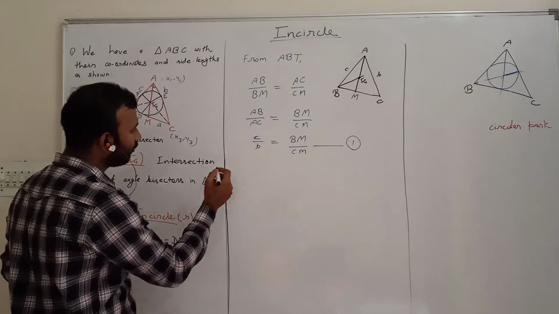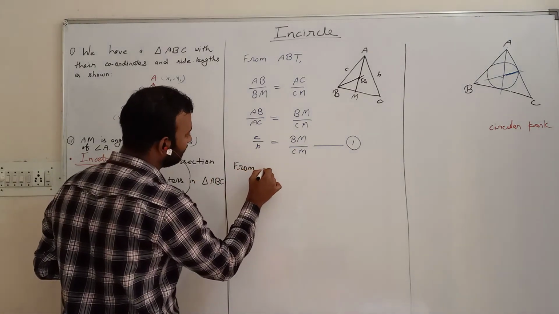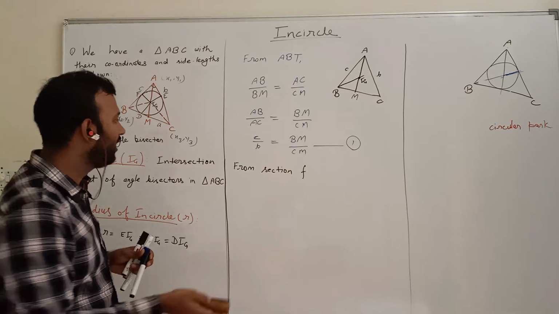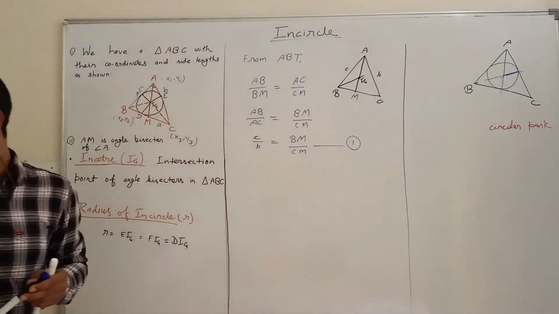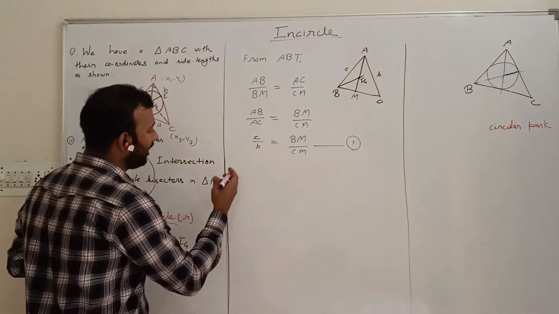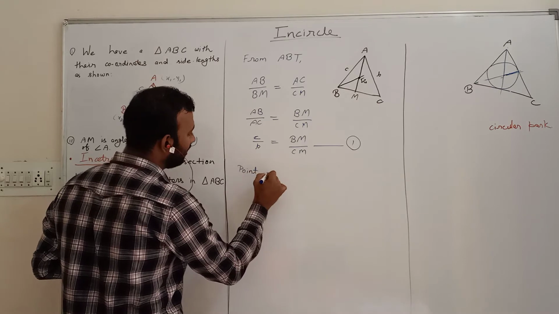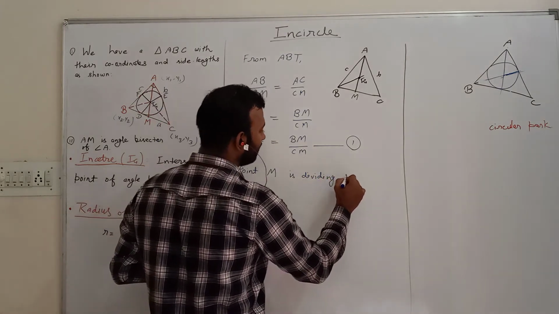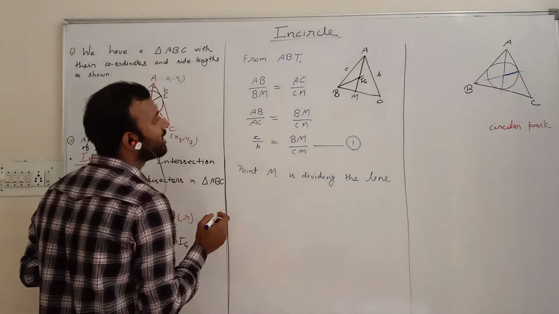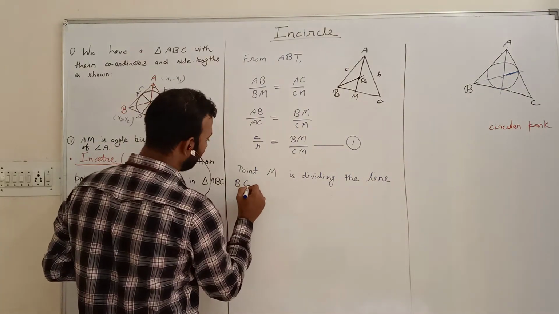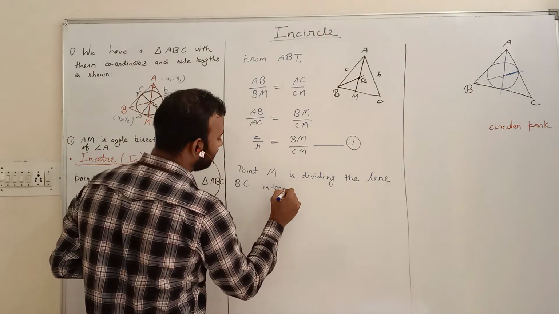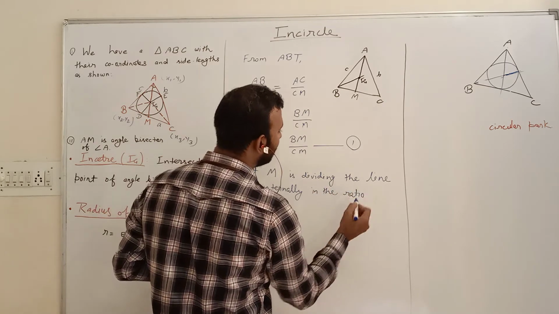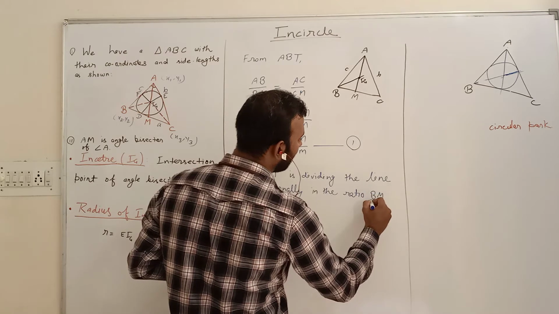From the internal section formula, point M is dividing the line BC, the side of the triangle, internally in the ratio BM upon CM.